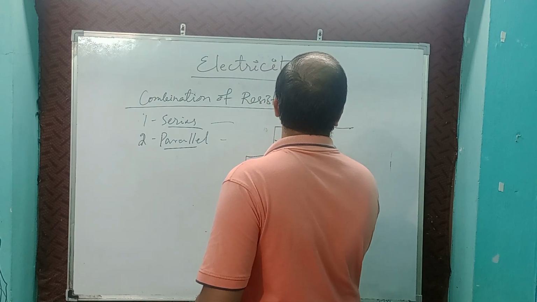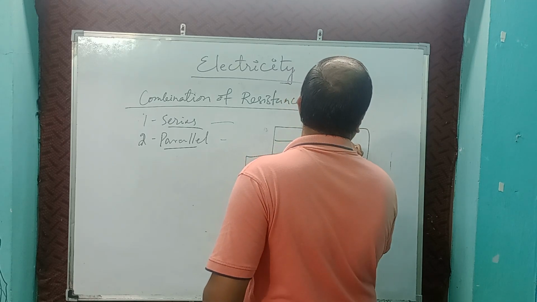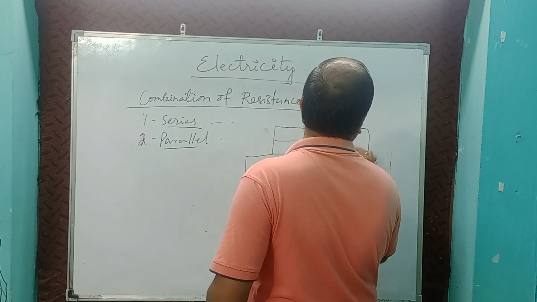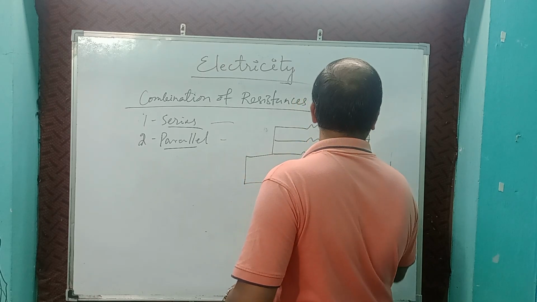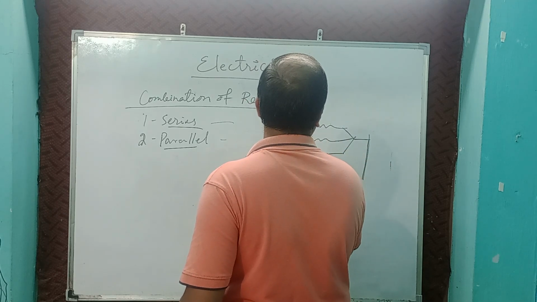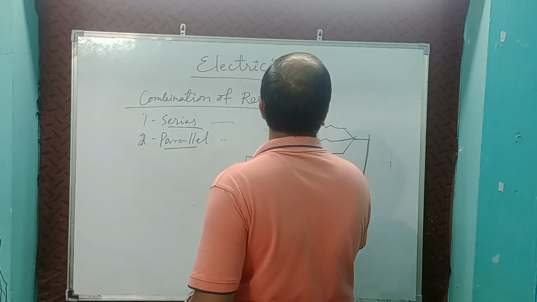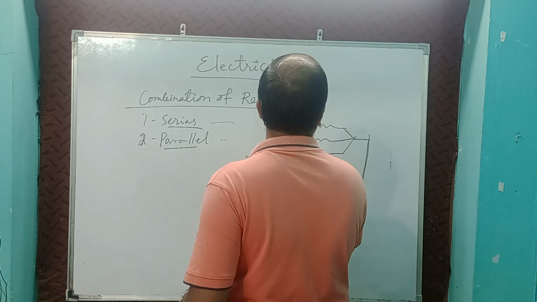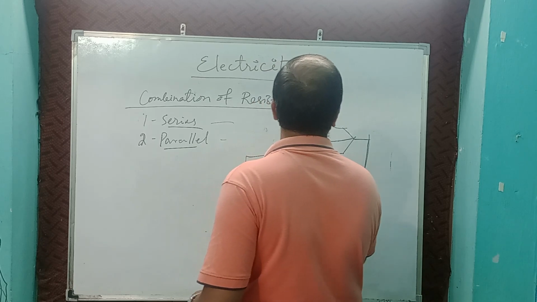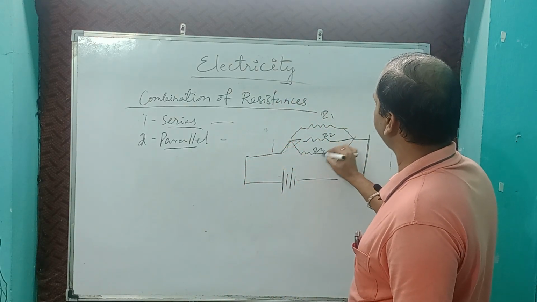One resistor, second resistor, third resistor, like this. This type of connection will be there. This is R1, this is R2, this is R3.